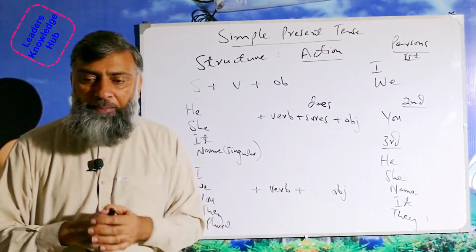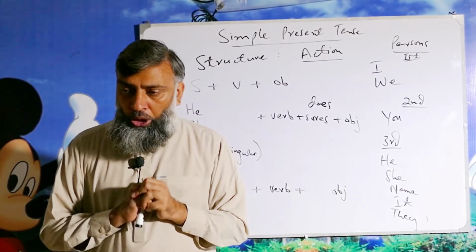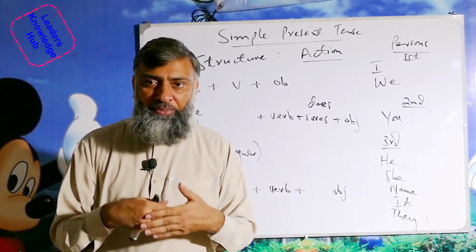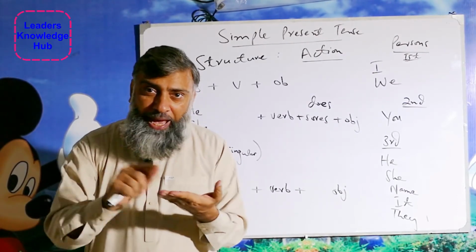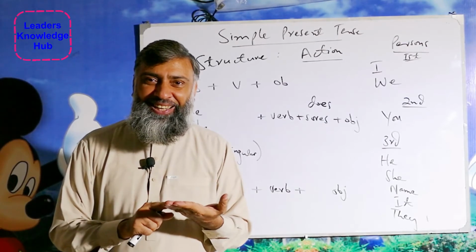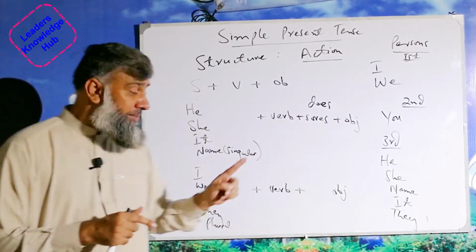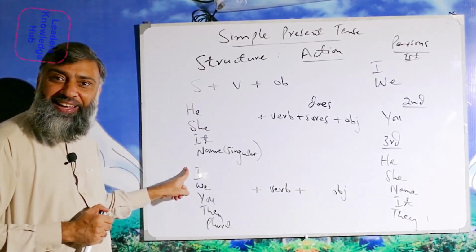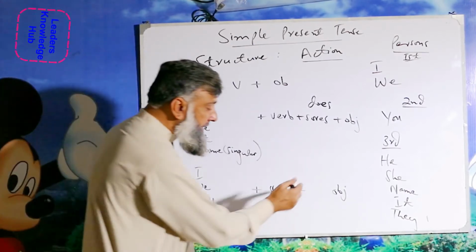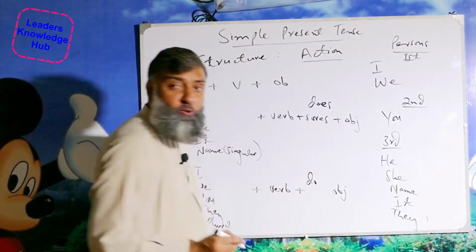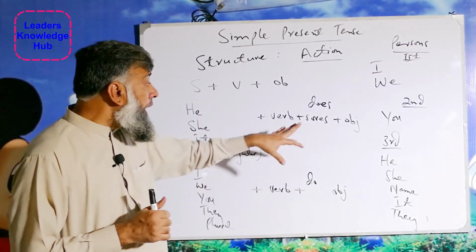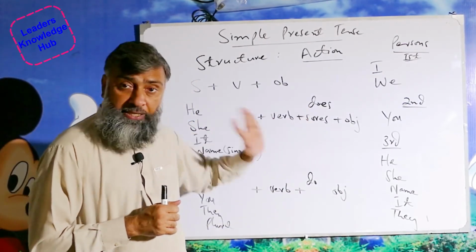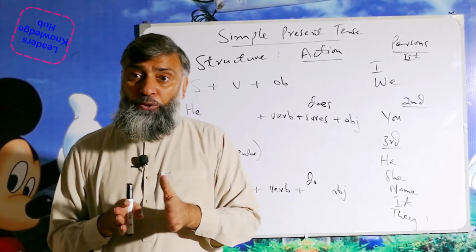For example, I say I cook biryani. मैं biryani पकाता हूँ. So you can see here, cook, I haven't used S or ES with this cook because the pronoun is I. And keep this in your mind that when you want to make a negative sentence or interrogative sentence, instead of does, you need to use do.